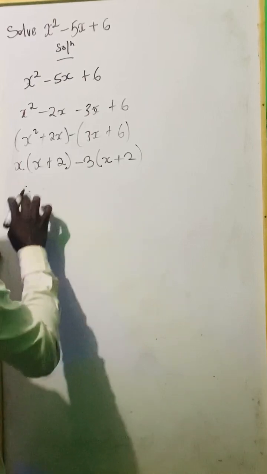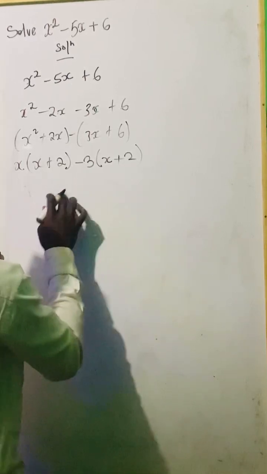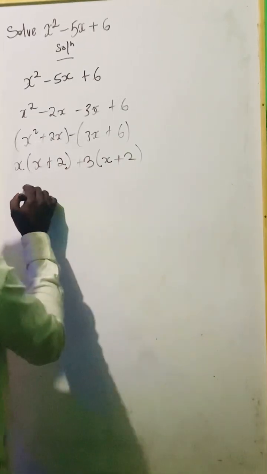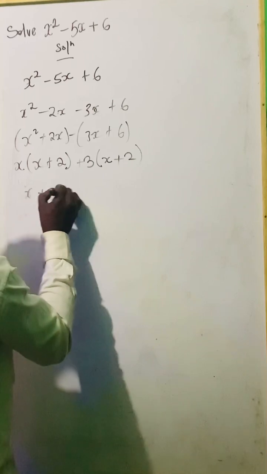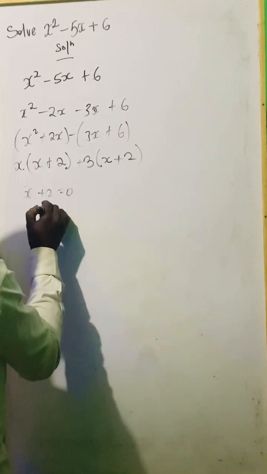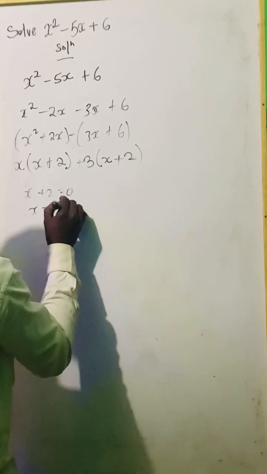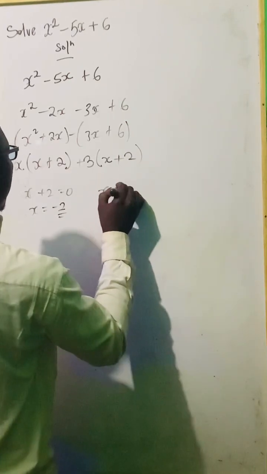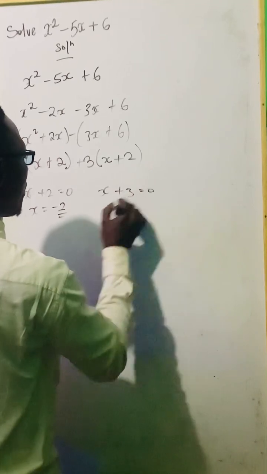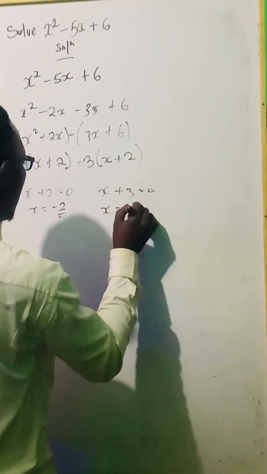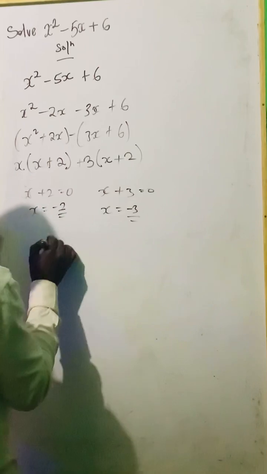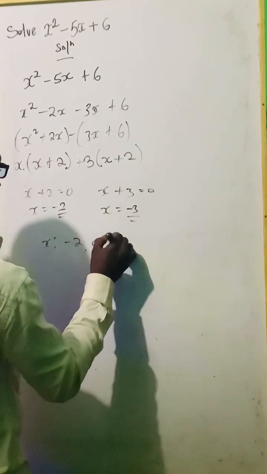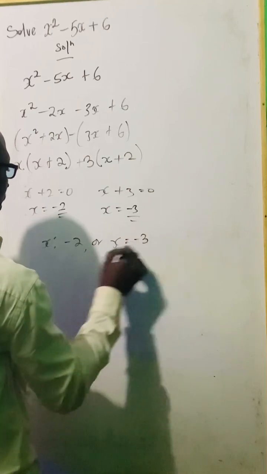Let's simplify it this way. We're going to have x plus 2 equal to 0, so x is equal to minus 2. And here we have x plus 3 equal to 0, so x is equal to minus 3. So x is equal to minus 2, or x is equal to minus 3.